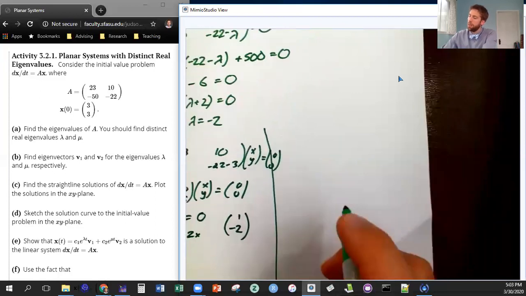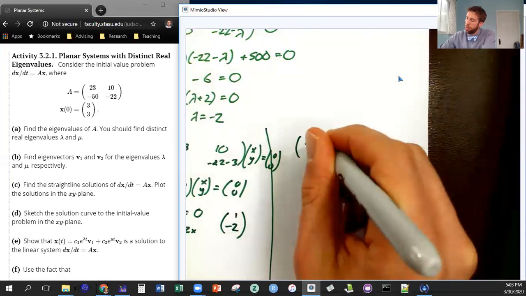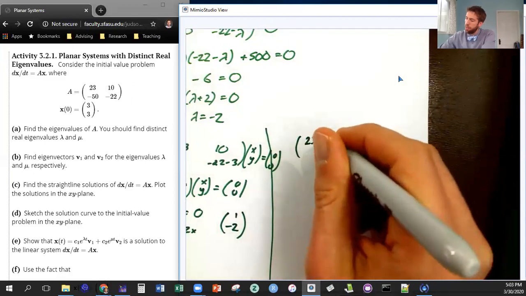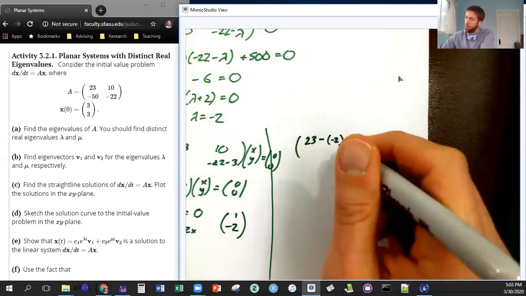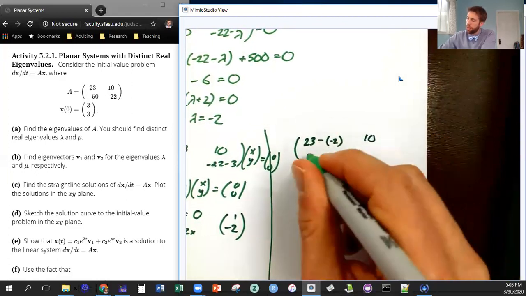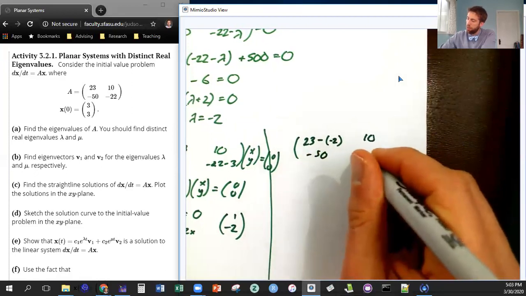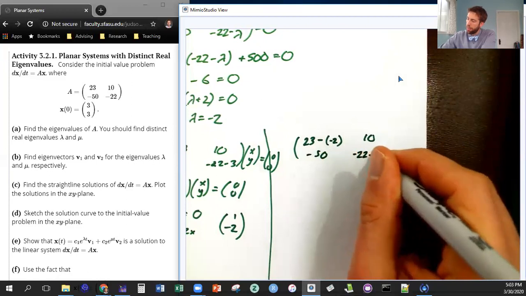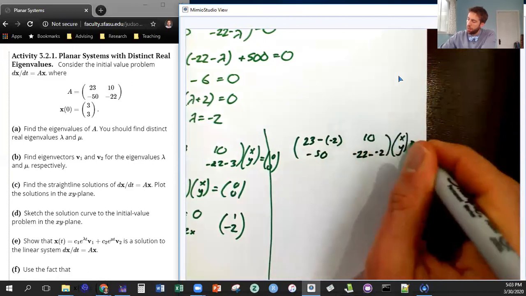Okay, let's do the other one. 23 minus negative 2, and then 10, and then negative 50, and then negative 22 minus negative 2 times x, y equals 0, 0.